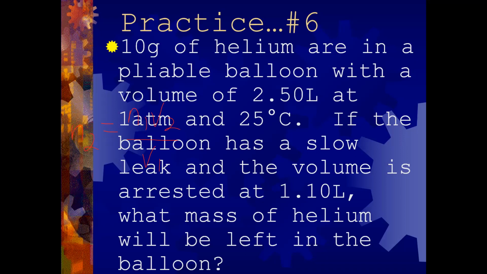All right, so we have all these numbers. N1 was 2.5 moles, multiplied times V2, which happens to be 1.1 liters, divided by V1, which is 2.5 liters.